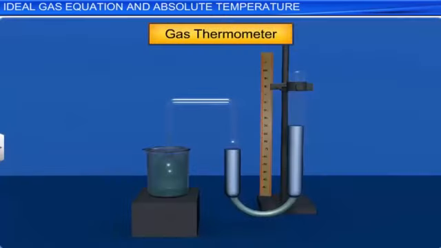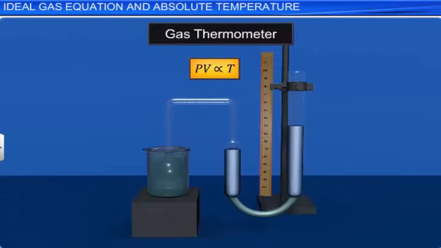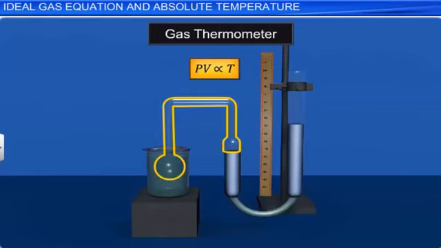The constant volume gas thermometer works on the principle of the ideal gas law. Since PV is directly proportional to T, when the volume of a given sample of gas is constant, its pressure changes linearly with the temperature of the gas.